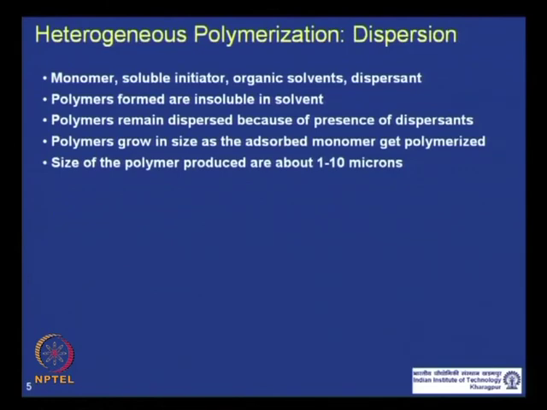Another type of heterogeneous polymerization is dispersion polymerization. In this case, you have monomer dissolved in organic solvent, and the initiator is also dissolved in organic solvent, and you also have an organic soluble dispersant. Now, the polymers which form are insoluble in the solvent.